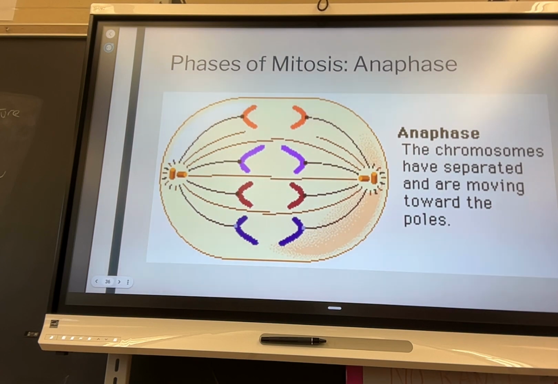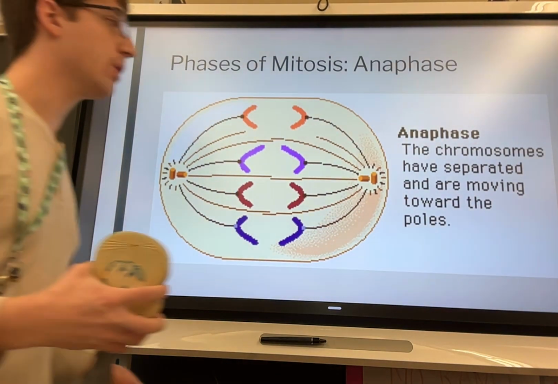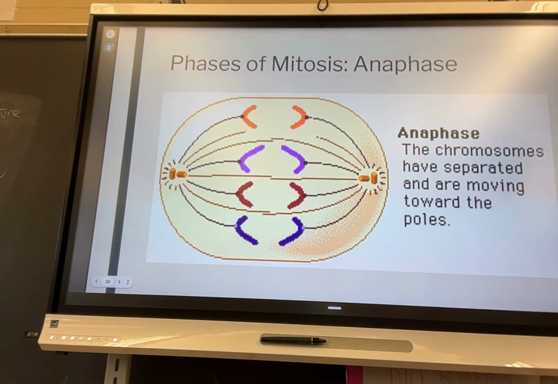is anaphase. So anaphase is when we start using our centrosome, our spindle fibers, and we are going to start pulling the cell apart, or not the cell apart, but pulling the chromosomes apart. So the chromosomes, they're like besties. They don't want to be pulled apart.